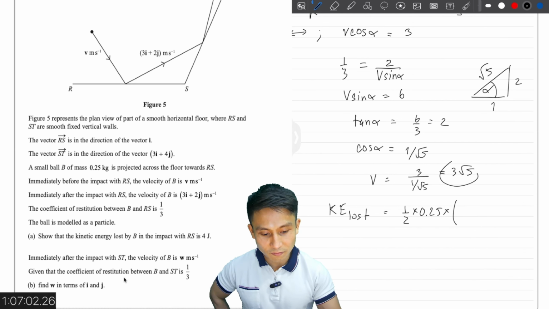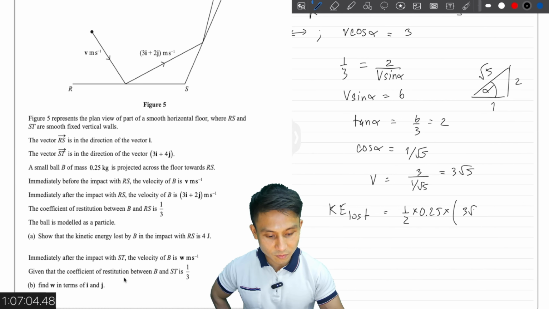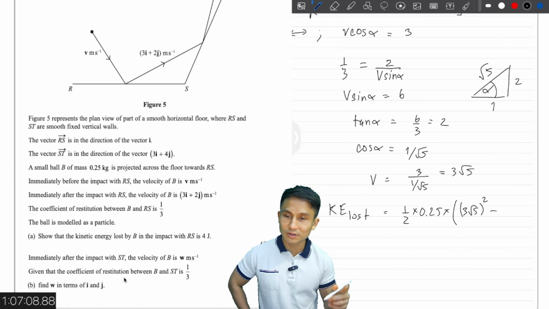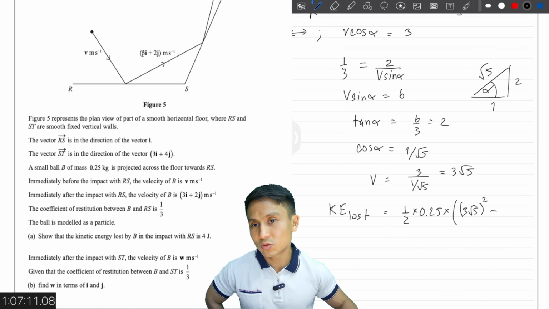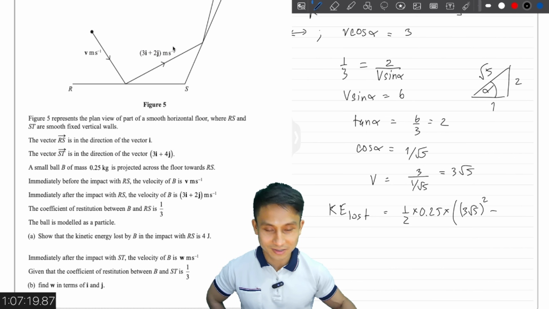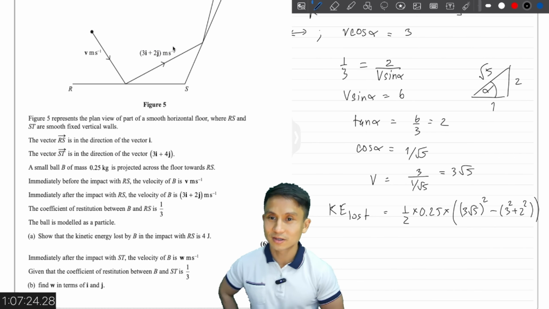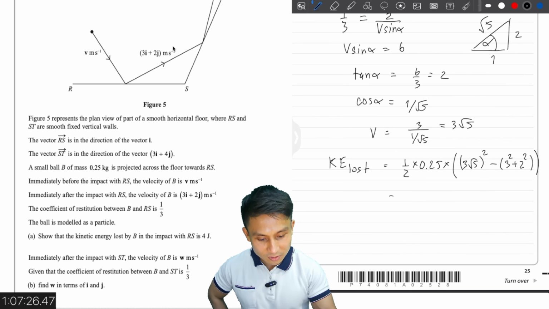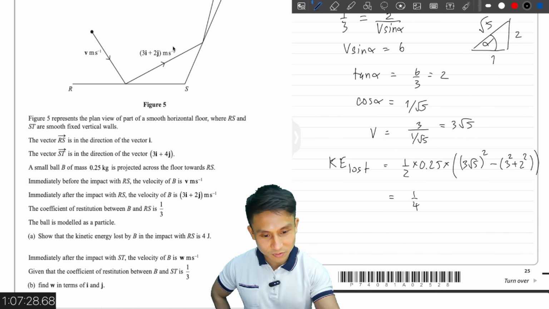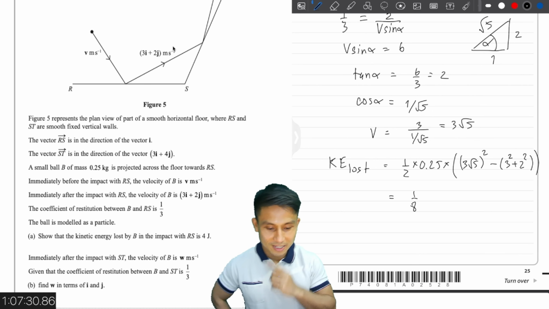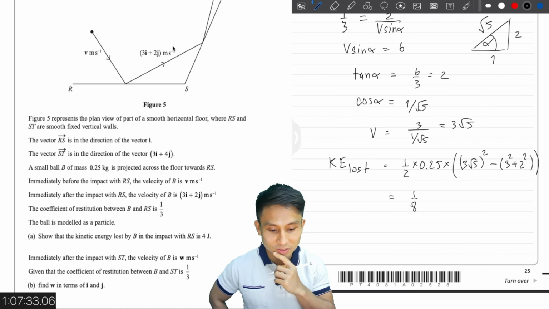Before hitting the wall, V is 3√5, so that's (3√5) squared minus, after, you can do both components squared and add them up, or do Pythagoras and square it. It's going to give you the same thing. So it's basically 3 squared plus 2 squared here. So that's 1/4 outside the bracket. No, it's 1/8. I almost made a mistake there because 0.25 is a quarter.